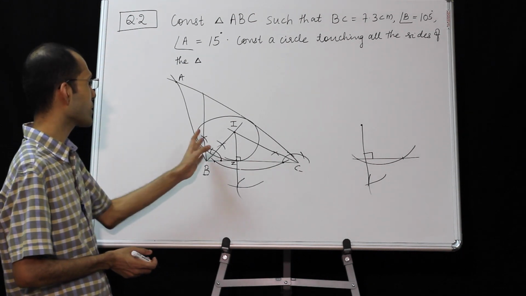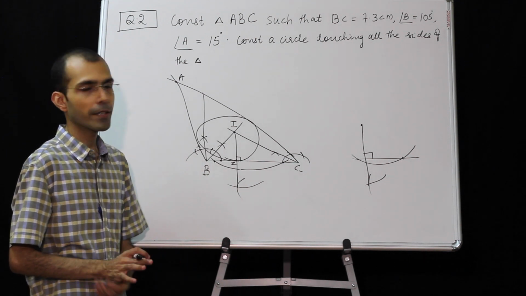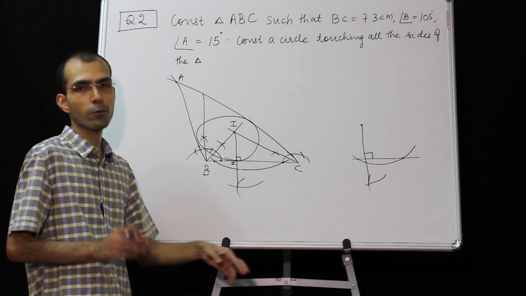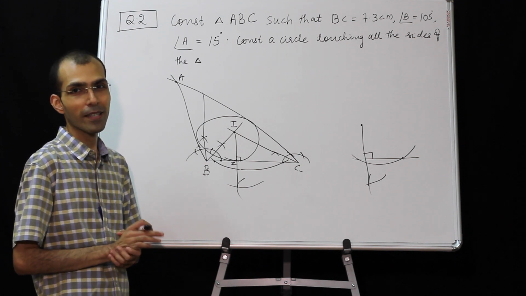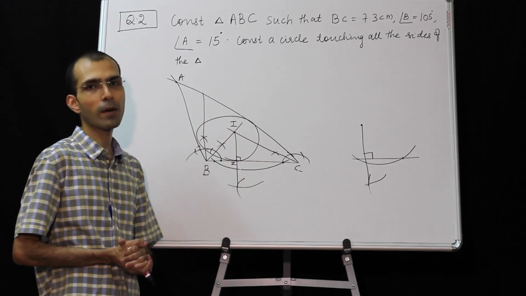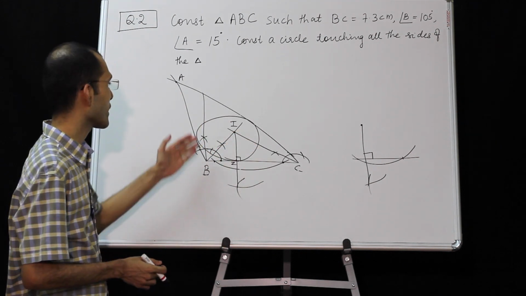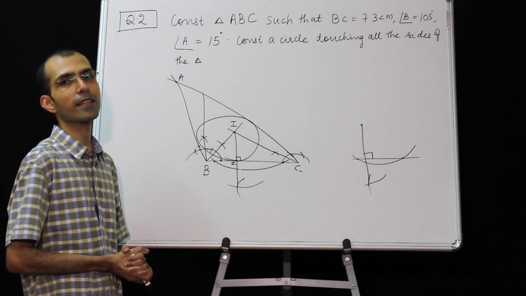If it does not touch all the 3 sides and is touching 2 sides, it is fine. It is not worth redrawing to save that 1 mark which you may lose because of inaccuracy. At times, even if it is touching 2 sides properly, no marks are cut. So we have successfully drawn our in circle.